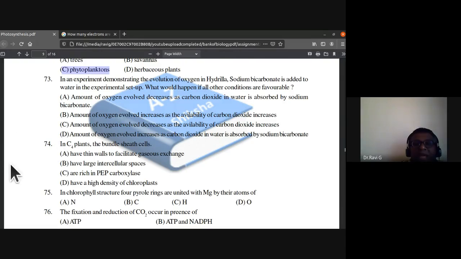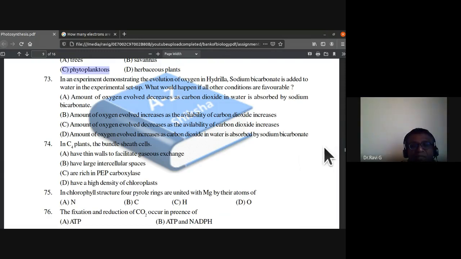Is it the amount of oxygen evolved decreases as carbon dioxide in water is absorbed by sodium bicarbonate, or the amount of oxygen evolved increases as the availability of carbon dioxide increases, or the amount of oxygen evolved decreases as the availability of carbon dioxide increases?